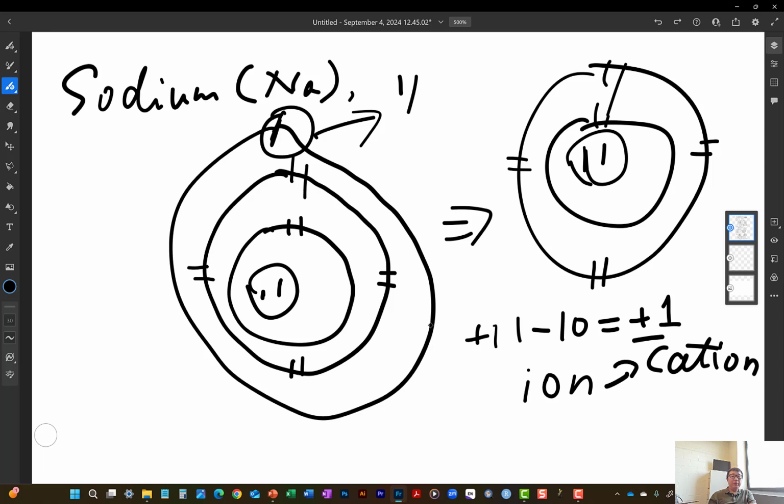And this type of atoms, for example sodium, potassium, magnesium, calcium, all of those have only 1 or 2 or maximum 3 valence electrons in the outer shell. This kind of atom, we call metal atoms.